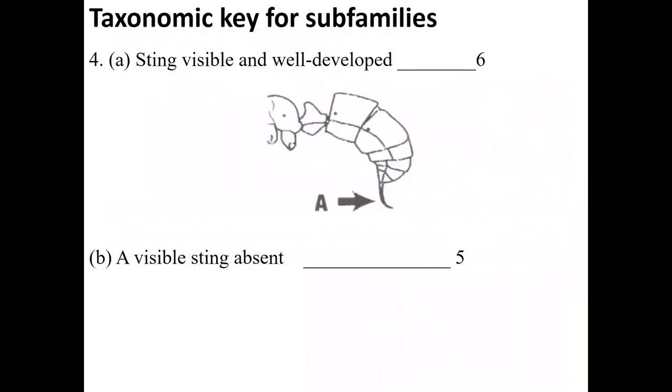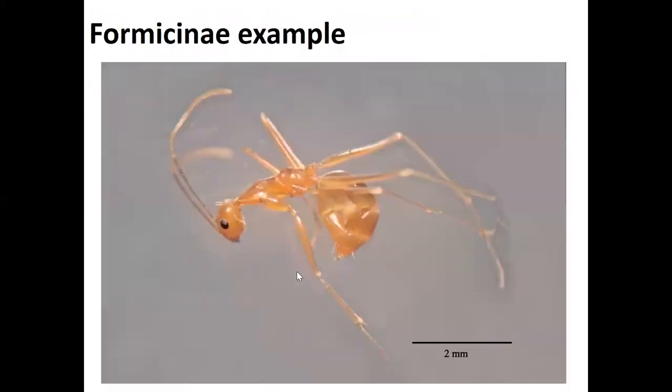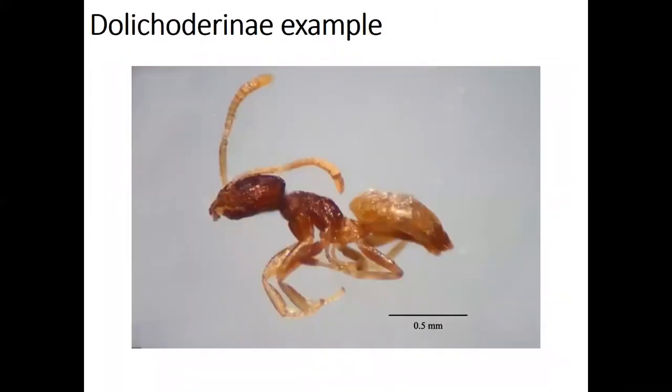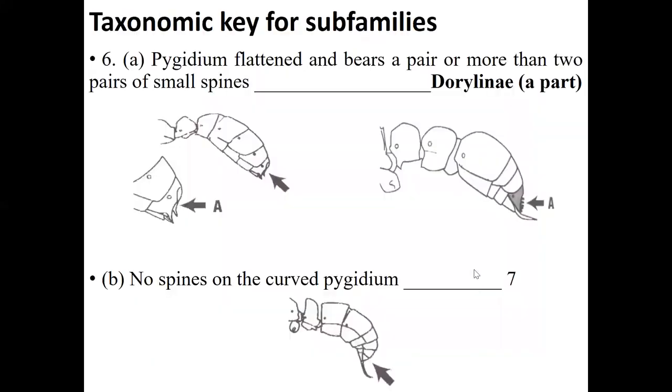Okay, now go back. Here, visible sting absent. That is why I said you go to 5. There is no sting here, but this structure is there: a setal fringe with the circular acidopore. And for dolichoderines, I said V-shaped cut. In lateral view, you might see it in this manner sometimes, according to how you keep the specimen.